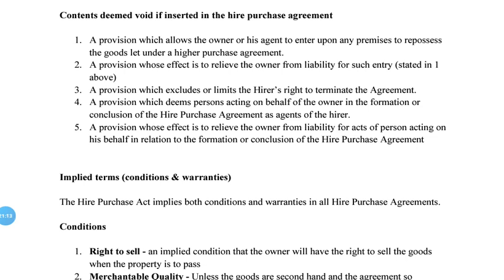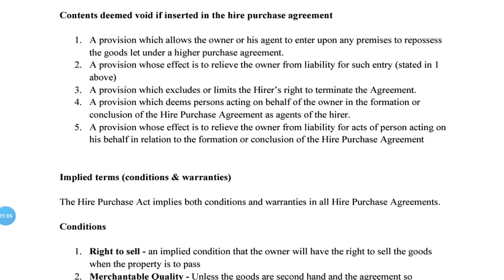A provision which excludes or limits the hirer's right to terminate the agreement. And number 4, a provision which deems persons acting on behalf of the owner in the formation or conclusion of the hire purchase agreement as agents of the hirer.